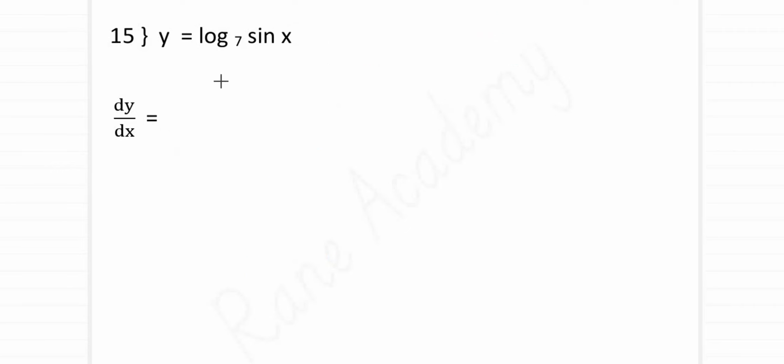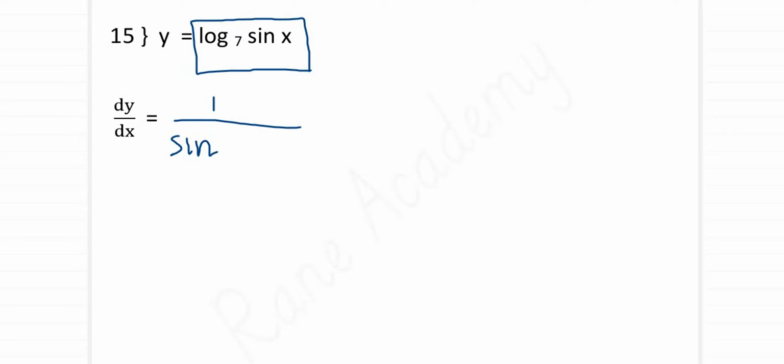Question number 15. Y is equal to log of sin x to the base 7. Now it is comparable with the result log x to the base a. The derivative of log x to the base a is 1 upon x log a. So the derivative of log of sin x to the base 7 is 1 upon x, and instead of x we have sin x, so it is 1 upon sin x, and log a, where instead of a we have 7.